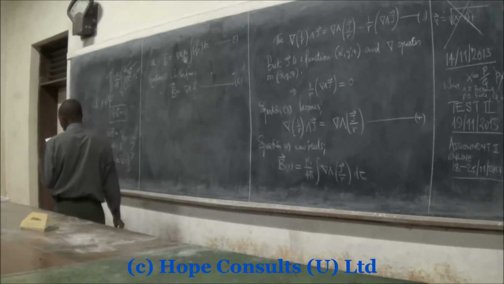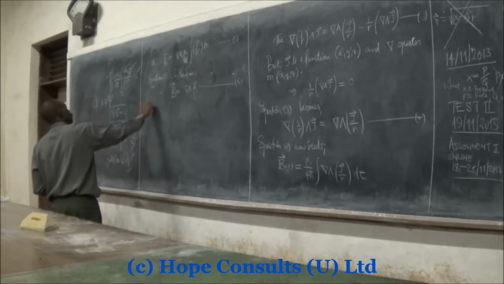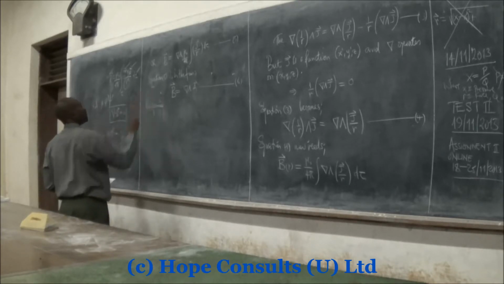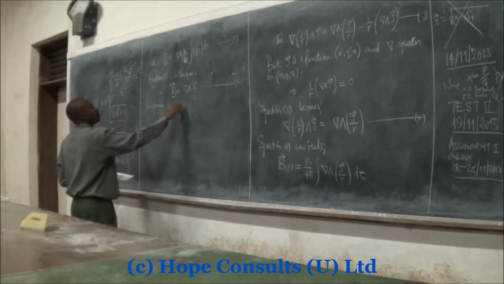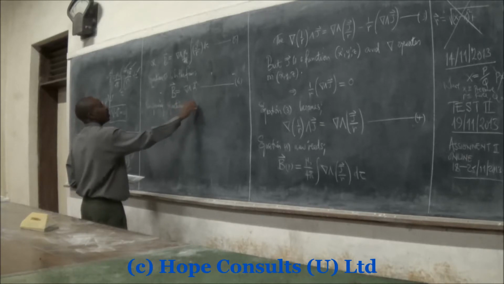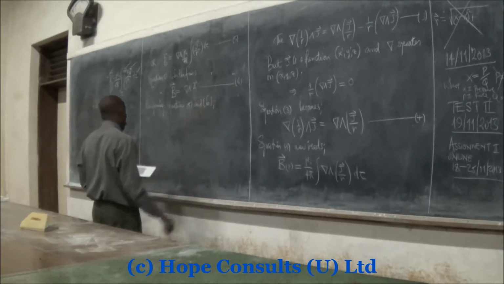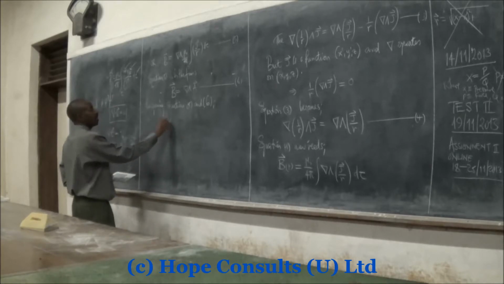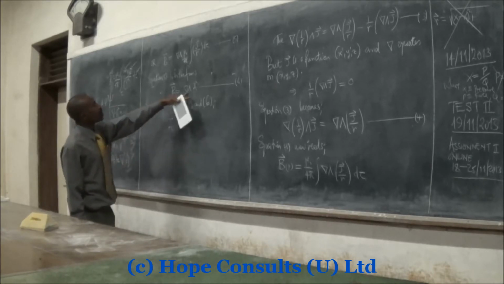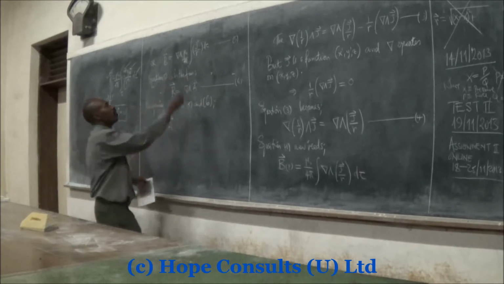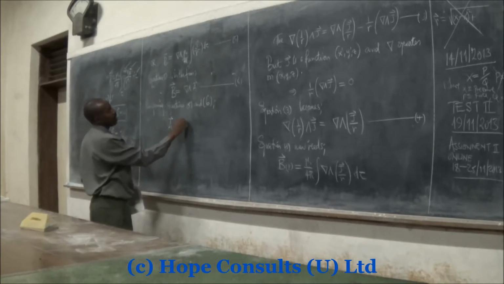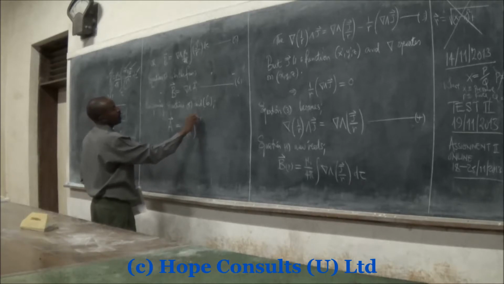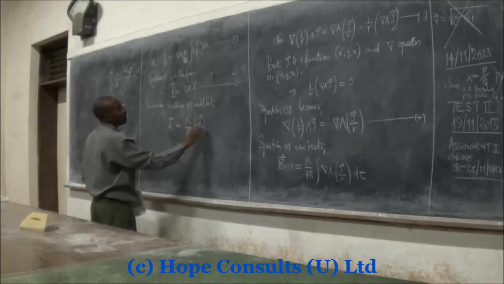Comparing 5 and 6, we will get that our A, if B is equal to the curl of A, is the whole of this, which would be the same as mu naught over 4 pi integral J over R d tau.